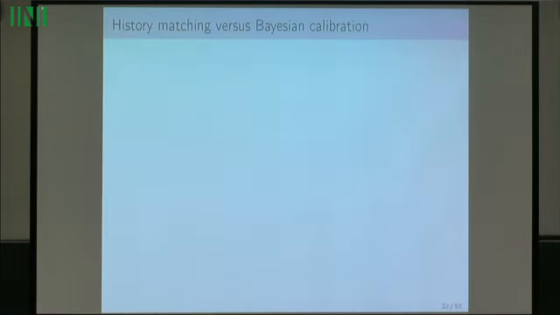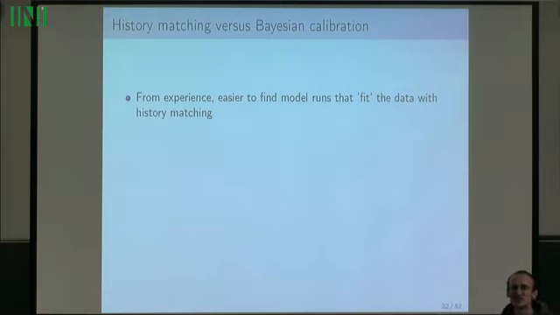Okay, so that gives you an idea of Bayesian calibration and an idea of history matching. Let's have a fight between the two. From my own experience, and from seeing particularly what the Darwin group has been doing, it seems to me that if you are trying to just find fits to the data, it works better and easier with history matching than going straight off with a full calibration.